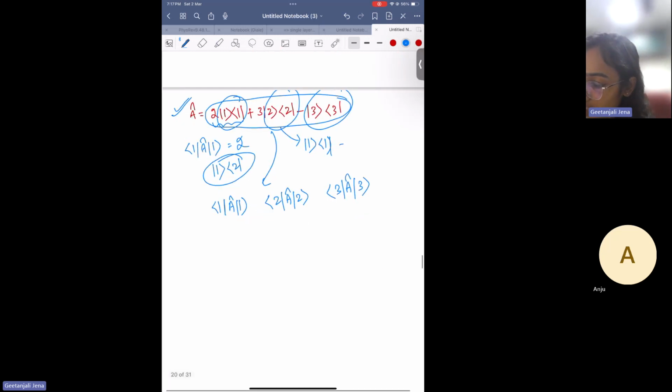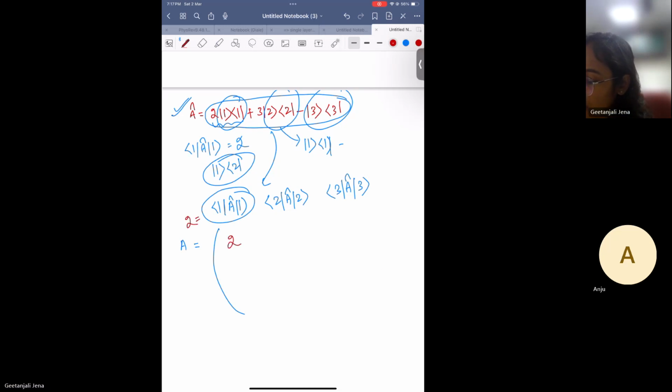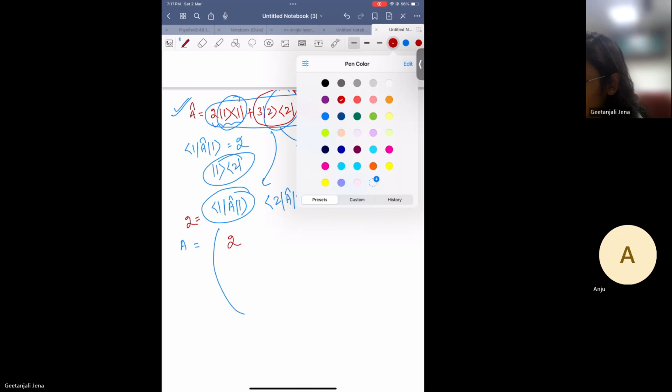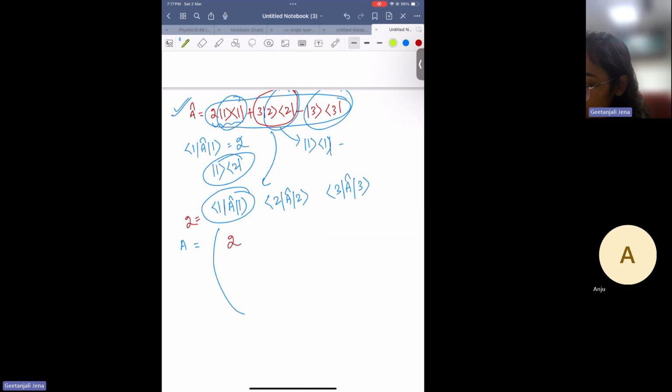So your A matrix will have <1|A|1> as the first entry, then <2|A|2> here, and <3|A|3> here.